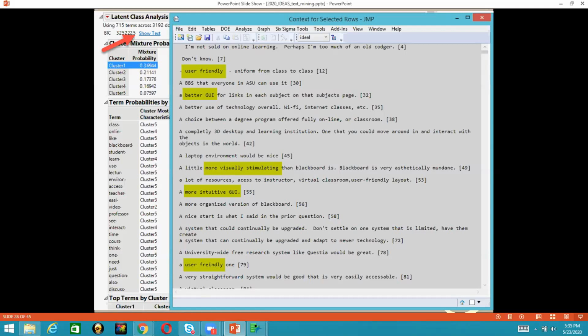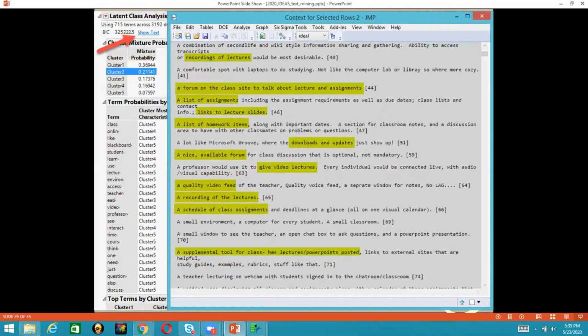Okay, now I try another one, cluster 2. What is that? Now it's human intelligence, not artificial intelligence. I read it: recording of lectures, a forum on the class site to talk about lecture and assignment, a list of homework items, download and update.